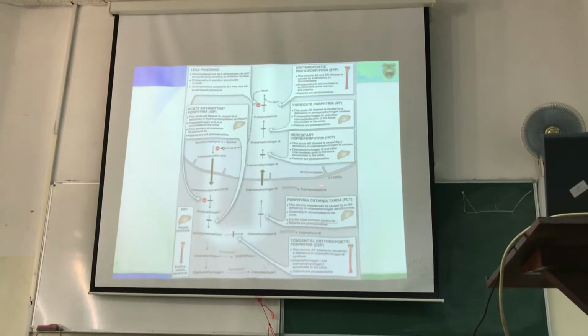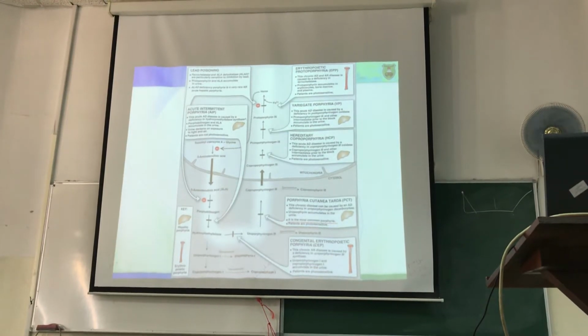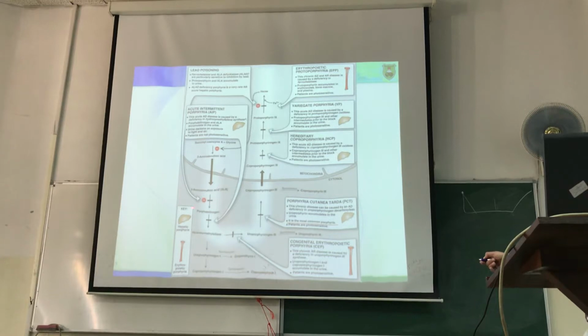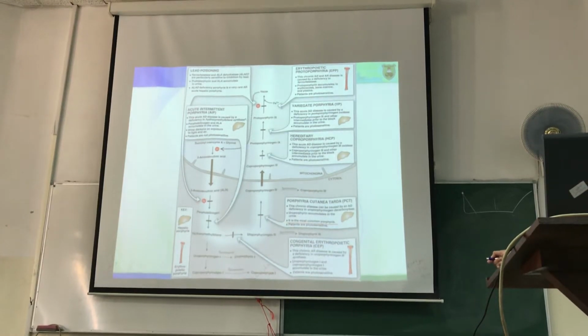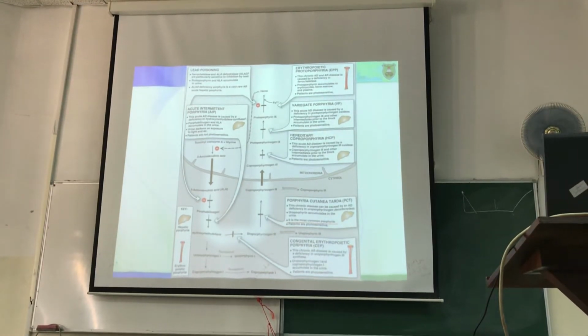The most common porphyria is the cutanea tarda. This is the most common, you should know that. You should know as well this reaction right here, the conversion of porphobilinogen to hydroxymethylbutane. Any defect would cause acute intermittent porphyria. So this is important as well.